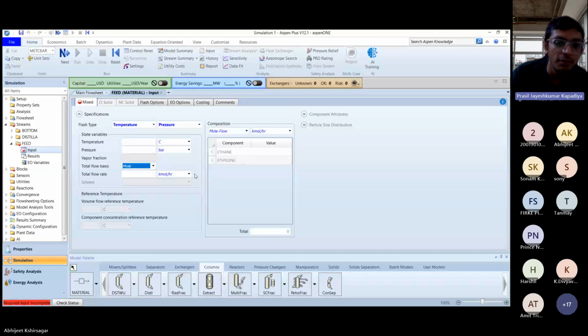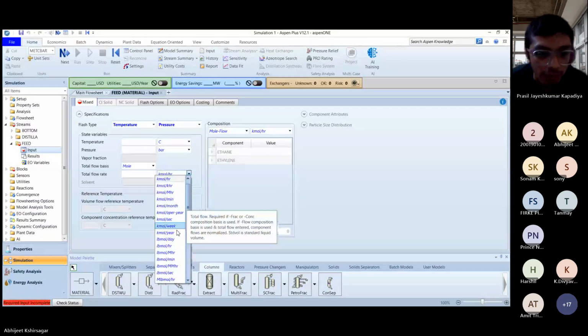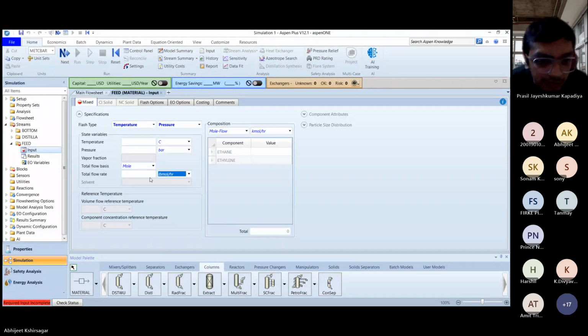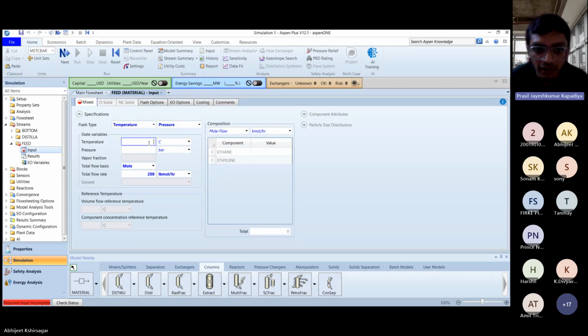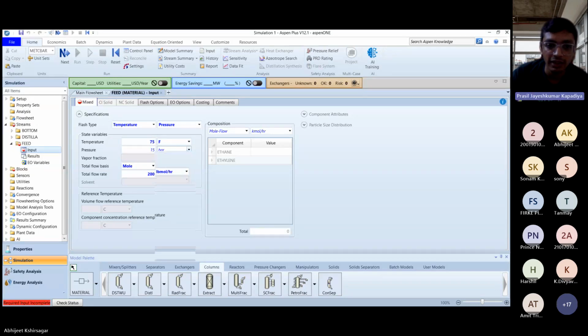It's on mole basis, in pound moles per hour. 75 Fahrenheit and 15 psia.